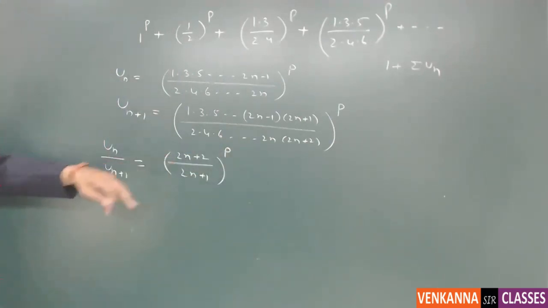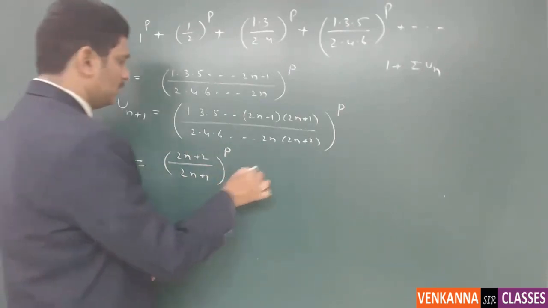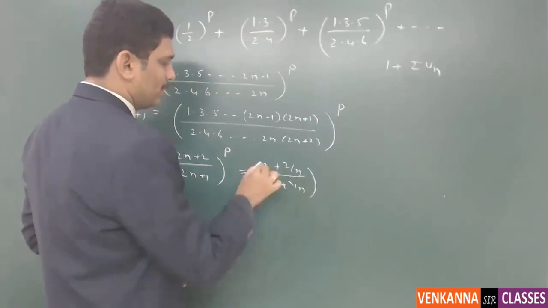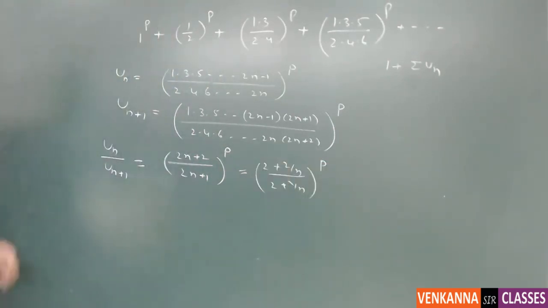So removing n here, it will be (2 plus 2 by n by 2 plus 1 by n) whole power p. So if you calculate the limit equals to 1. Please check on that. Any questions to anyone? Please ask.